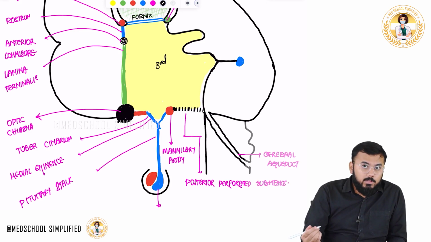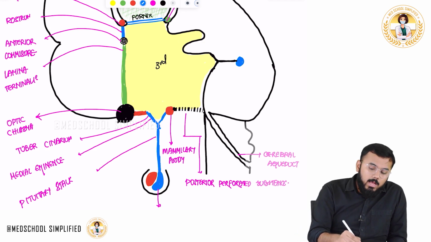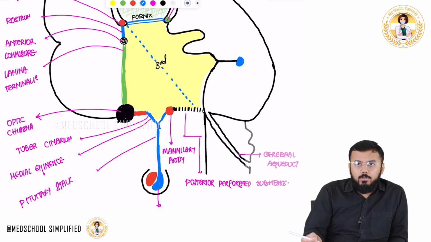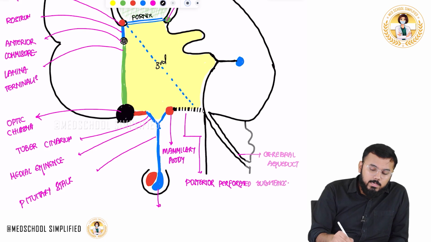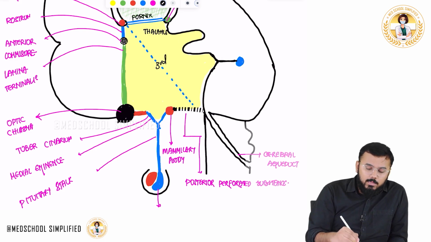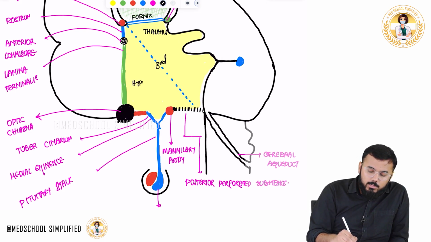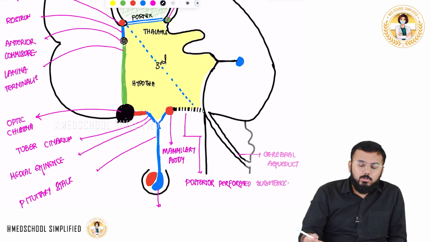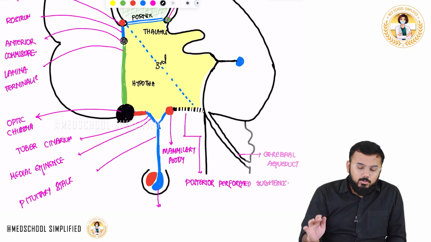Now, I will divide this cavity of the third ventricle, or diencephalon, into two parts. With the help of this line, I am dividing it into two halves. The upper part is called the thalamus, and the lower part is called the hypothalamus. One is the thalamus, another is the hypothalamus. Okay.